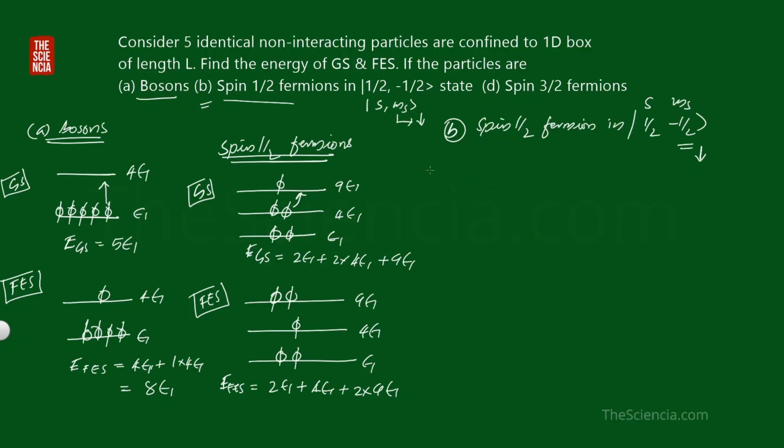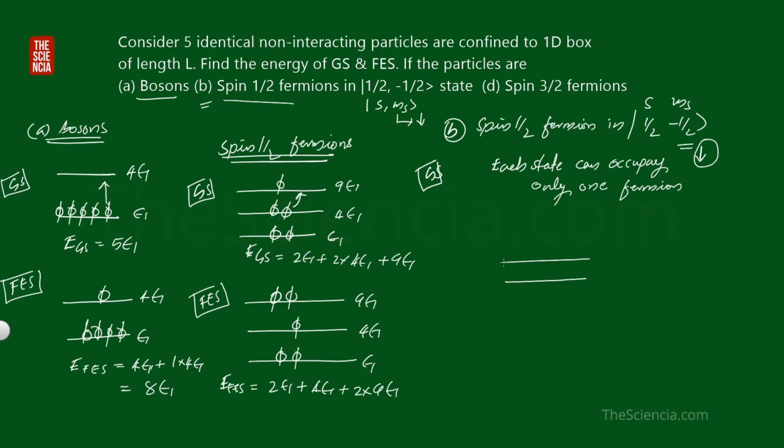So what will be the ground state? See, all are in the same spin state. Therefore, each state can occupy only one fermion, right? That is, ground state means there will be 5 states.